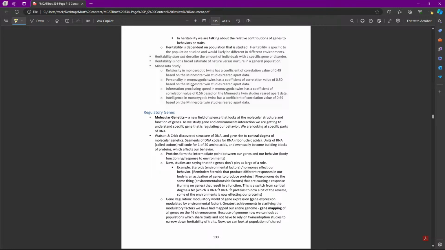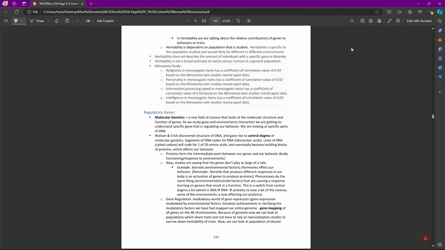So, the Minnesota study: religiosity in monozygotic twins has a correlation coefficient value of 0.49. Personalities, it's unlikely it's going to be asked, but let's just read it because I'm starting to slip soon.